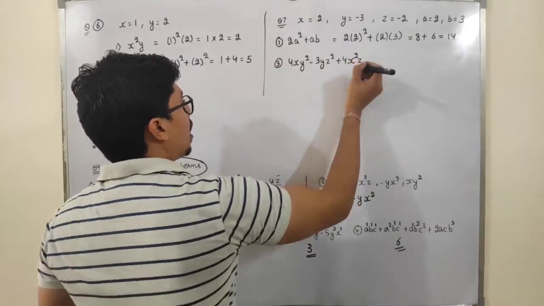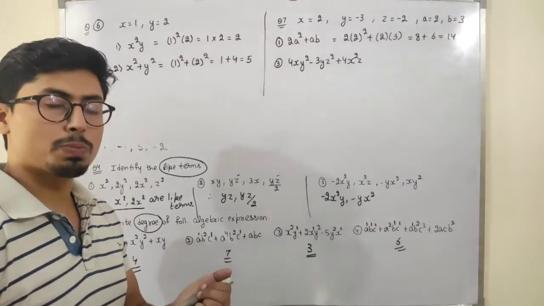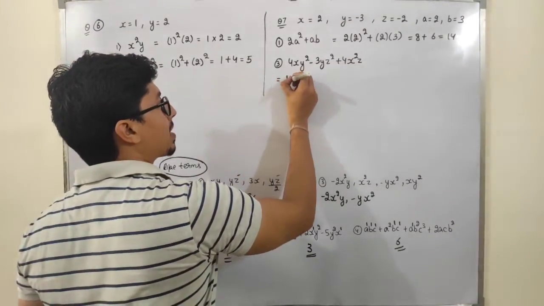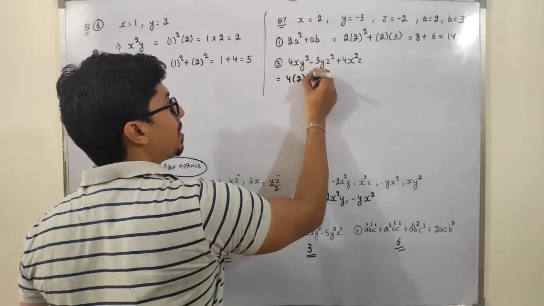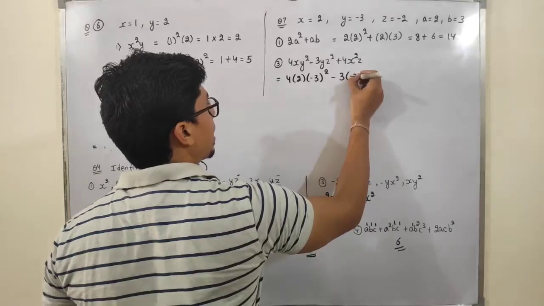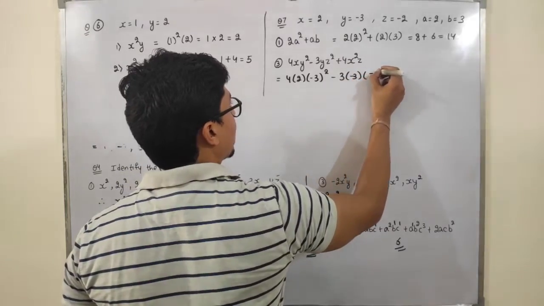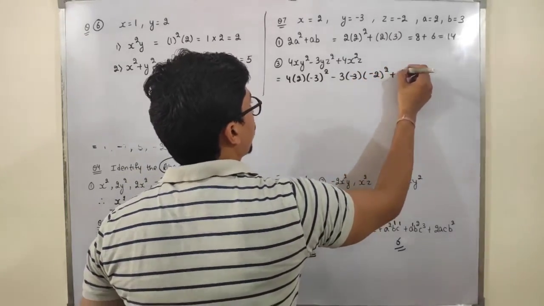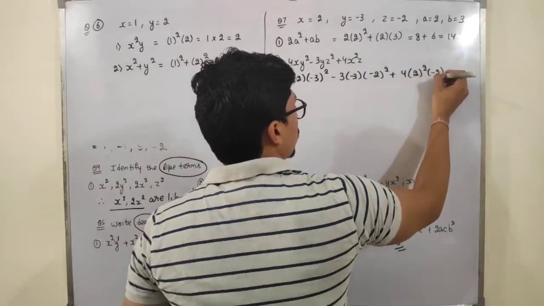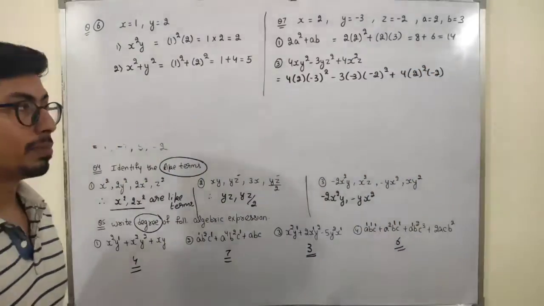I have to find out the value of this. So just do one thing, just put the value of x, y, z here. Okay. So 4x, x means 2, y square means minus 3 square, minus 3, y means minus 3, z means minus 2, 4x means 2 square, z means minus 2. So just simplify that, students.